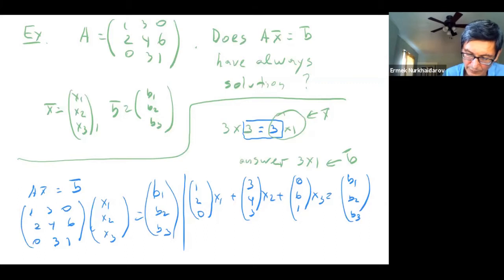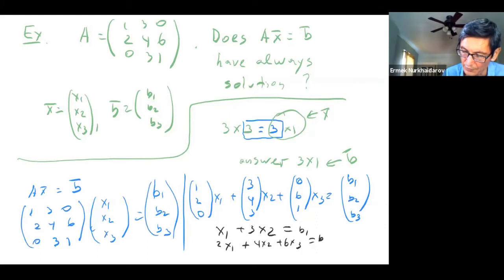So finally, we have a system of linear equations. x1 plus 3x2 equals B1, 2x1 plus 4x2 plus 6x3 equals B2. And final.